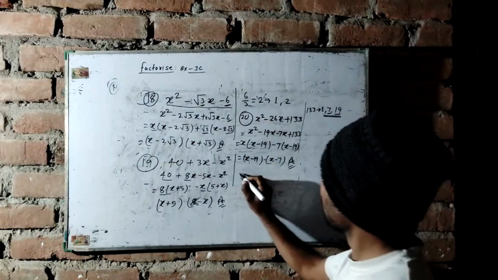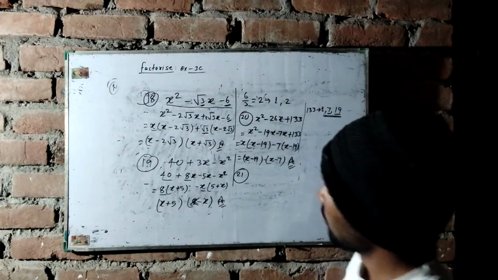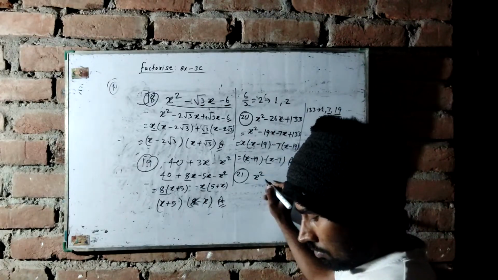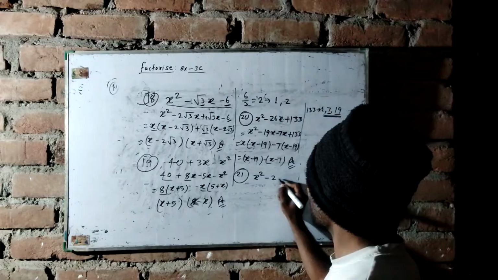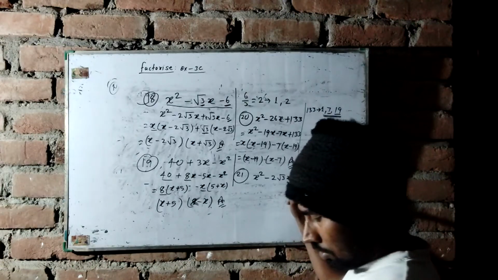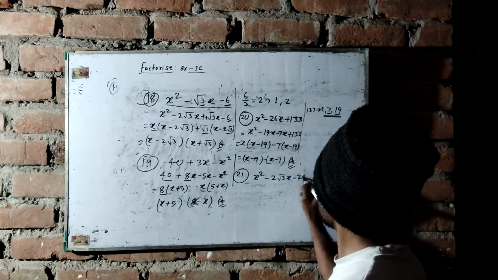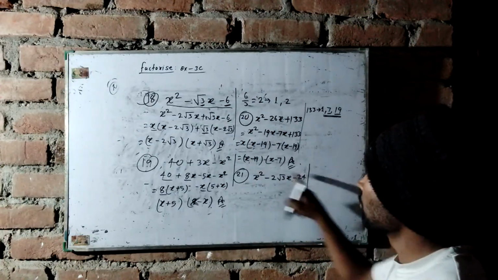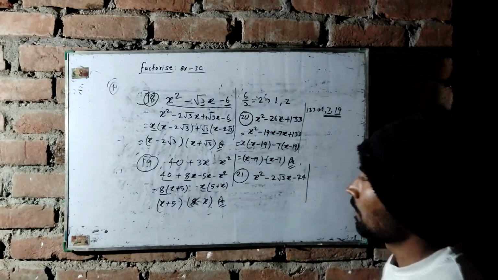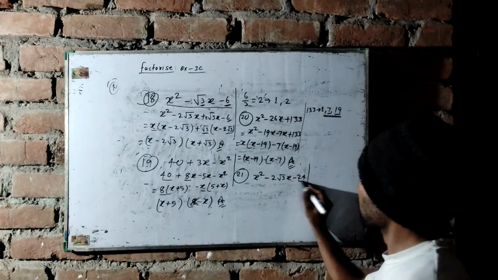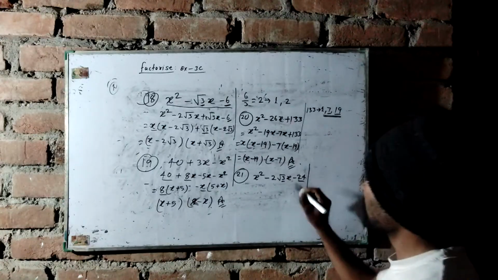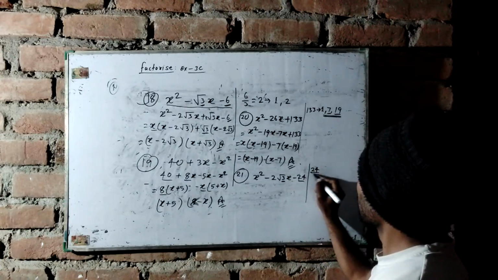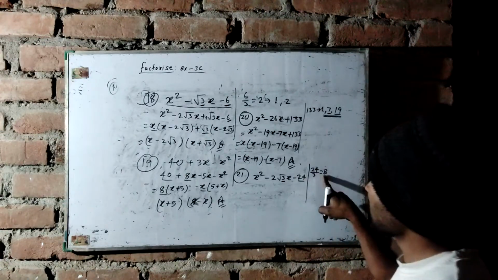Now let's go ahead to the next question, question number 21. x squared minus 2 under root 3x minus 24. For solving such type of polynomials, first of all, we have to divide this constant number by this number, and after dividing we get 8 as a quotient.